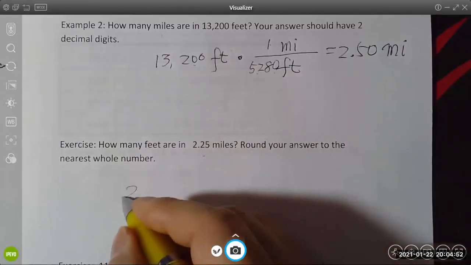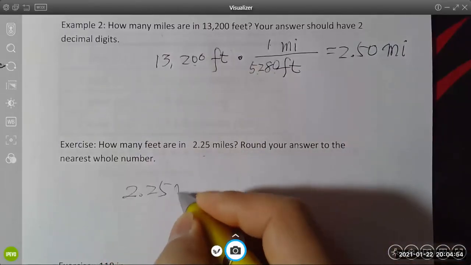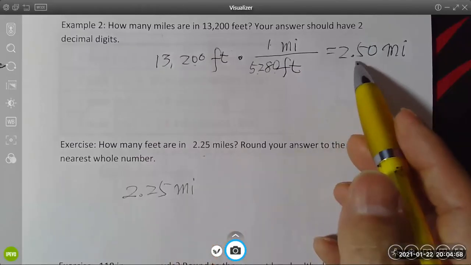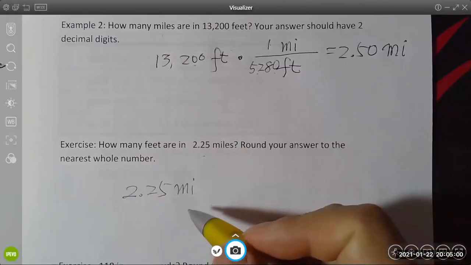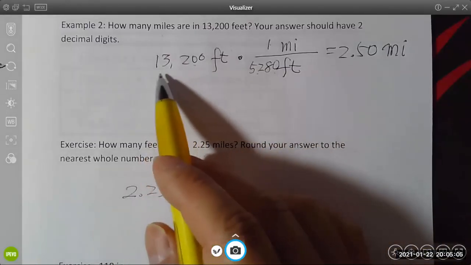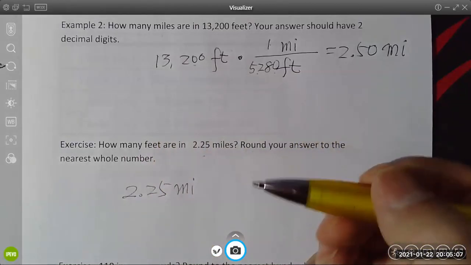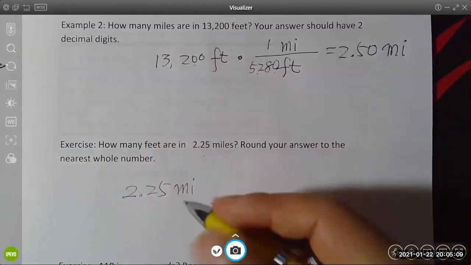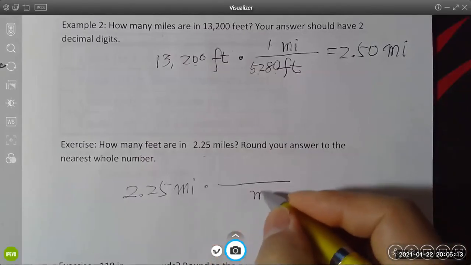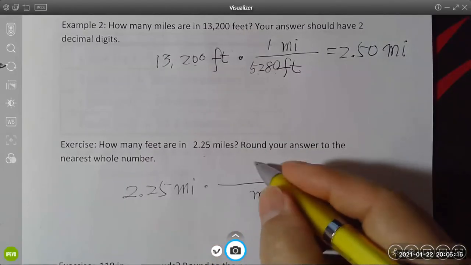So we have 2.25 miles given. So notice that 2.25 is just a little bit smaller than 2.5, right? We expect to get a number a little bit smaller than this, maybe 10% smaller than that, maybe 11,000 something. That's my wild guess. Maybe 12,000, but something close to that. So now this time we want to cancel miles, we want to get feet.